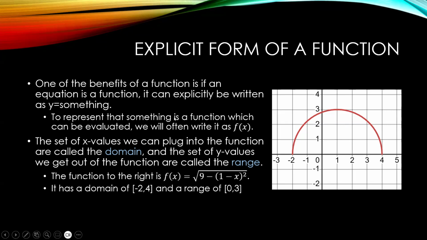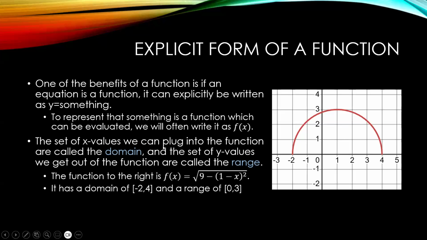To represent that something is a function, which can be evaluated, we often use the notation f of x. And so if you see f of x, this is saying x is the independent variable, and we're going to get a value for plugging x values in. Usually, we just think of f of x and y as being the same thing.